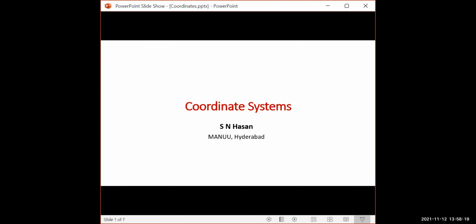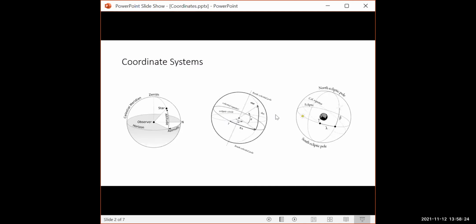The coordinate systems which we use in astronomy are either the horizontal coordinate system, where you use alt-azimuth. If the observer is at the center of the celestial sphere, the point overhead is the zenith, which is the axis from observer to the point directly overhead.